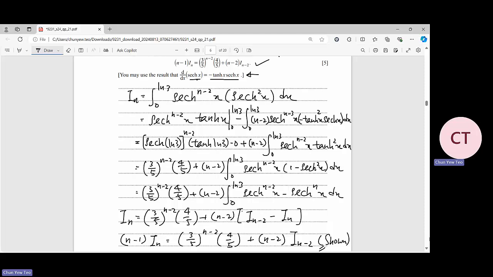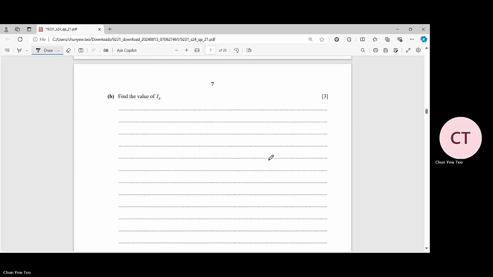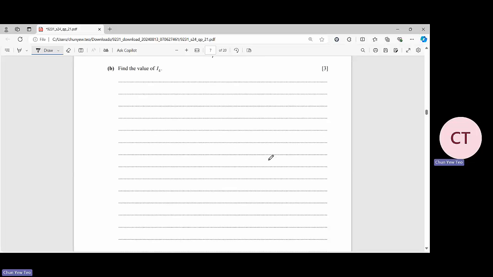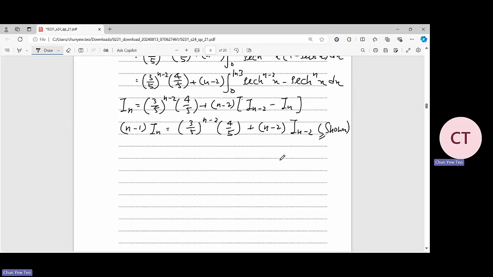A bit long. So now we move on to the question of number 4B. Now the question wants you to find I4. So just use the formula from part A. When n is equal to 4, from the formula in part A, change the n become 4.